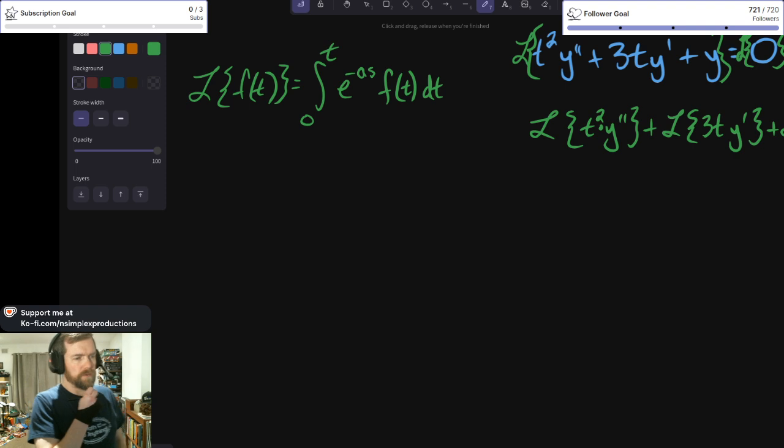Two derivatives on the first term, one on the second.